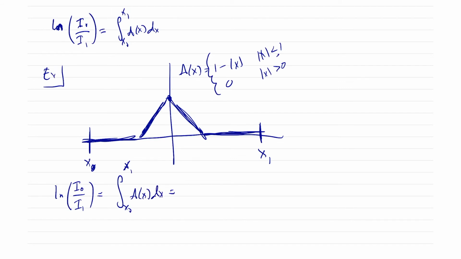But we know that the absorption is 0 outside of this, so we can chop this down to just negative 1 to 1, and it's going to be the integral of 1 minus |x| dx. And since this is 1, this is negative 1, and this is 1, we can see this is a triangle of height 1 and width 2, and so the total integral here is going to be 1. And so there you go.